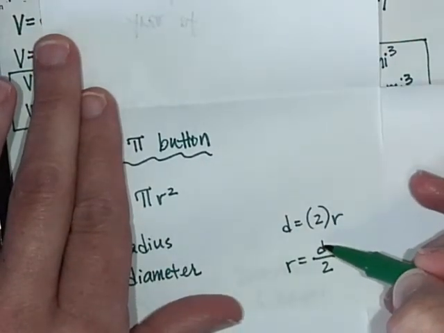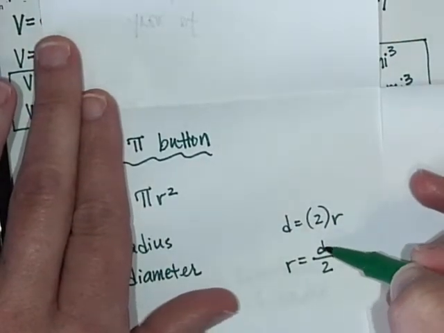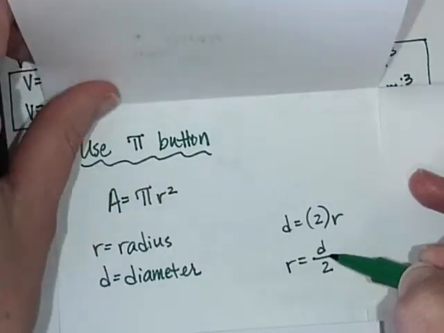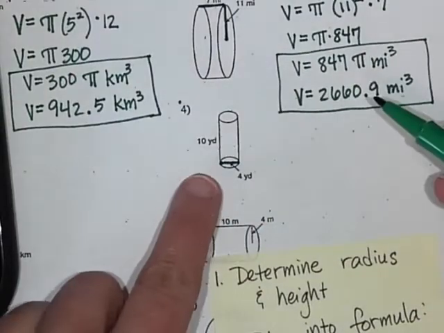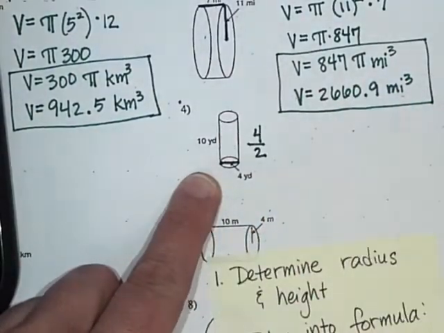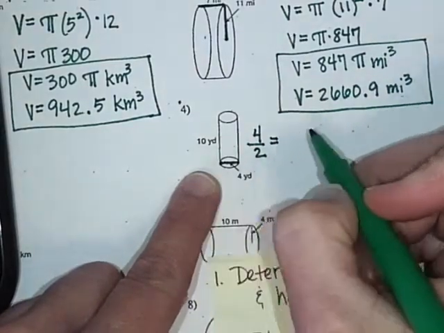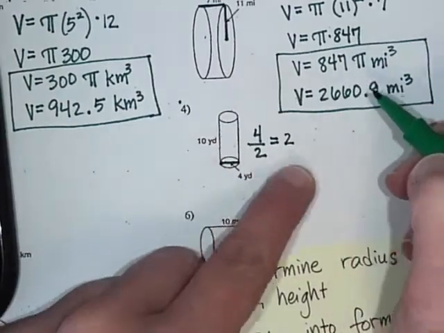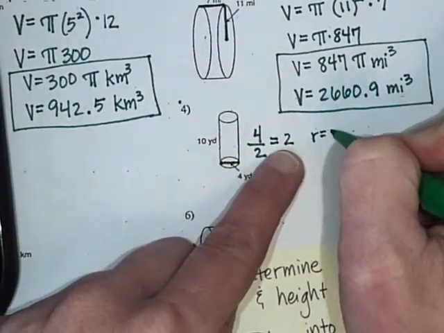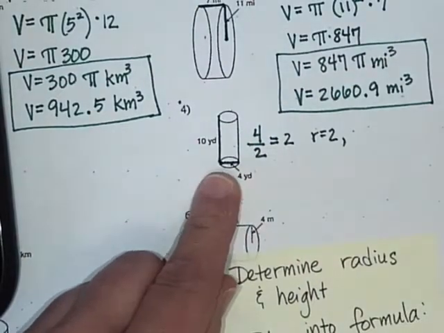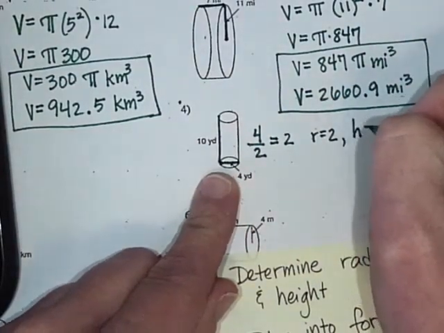So if you have the diameter and you need to find the radius, take your diameter and divide it by 2. So let's take our diameter, which is 4, divide it by 2 to find the radius. So 4 divided by 2 equals 2. So r is going to equal 2. And the height, that's this right here, 10. H equals 10.